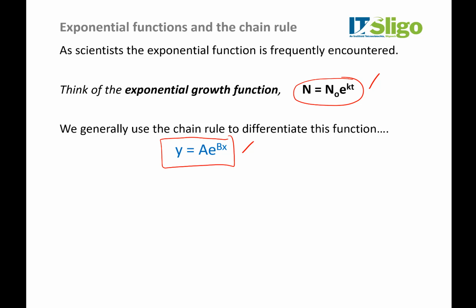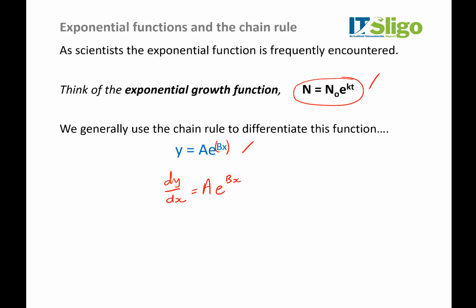Now, if we were to differentiate this one, there's our function in x. So dy dx, first of all, the constant will stay. When we differentiate e, it'll stay, and our function in x stays. So it looks the exact same. That's step 1.